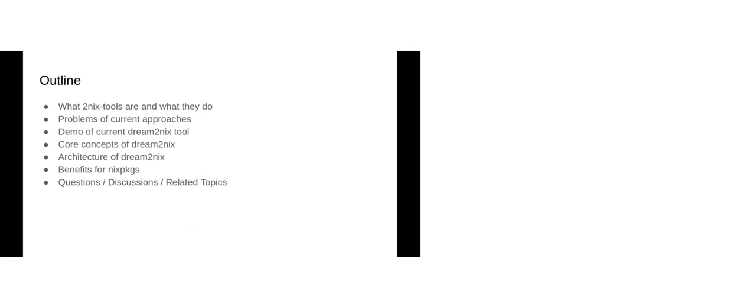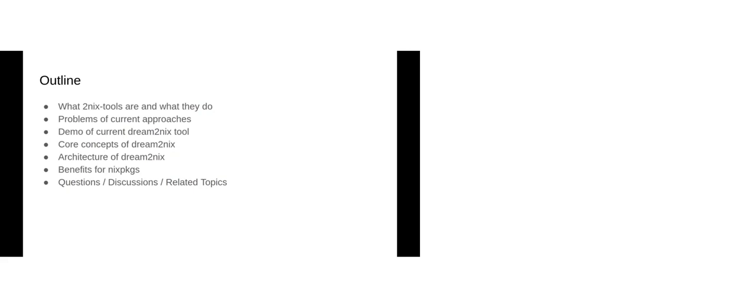And then I will explain the core concepts behind it. I will talk a little bit about the architecture. And then I will explain what kind of benefits I see if we can adopt this in Nixpkgs. And then we hopefully have some time for questions or discussions.